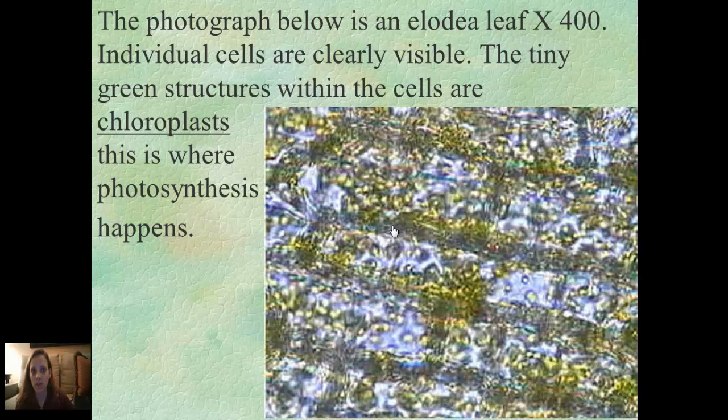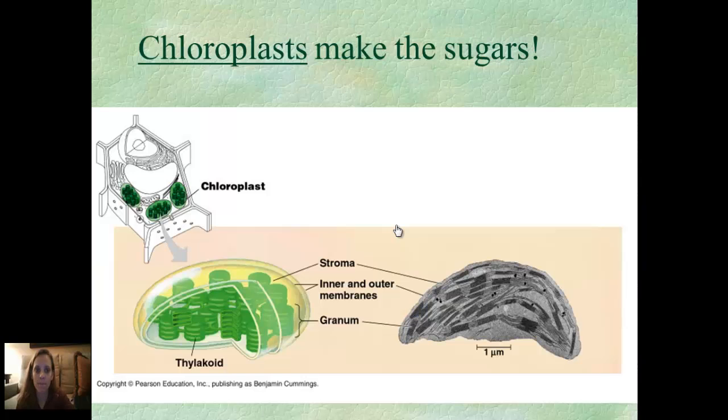This is where photosynthesis is actually happening inside the cell. You can see photosynthesis in action. So chloroplasts are what make the sugars. Chloroplasts are organelles inside of the plant cells, and inside of these chloroplasts are thylakoids, and thylakoids are where the energy is actually converted.